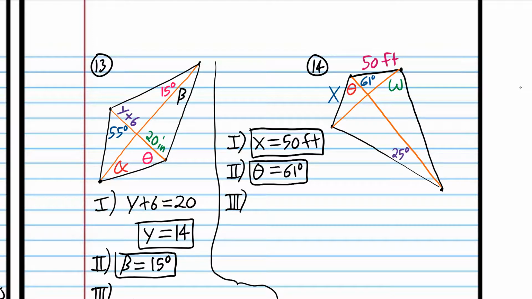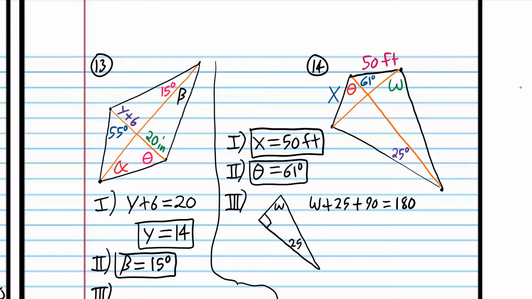So I'm going to take the upper right triangle out. This is 25 and this is 90 because the diagonals bisect. And so we're looking for omega. And again, we just use the triangle sum theorem. So omega plus 25 plus 90 must be 180.